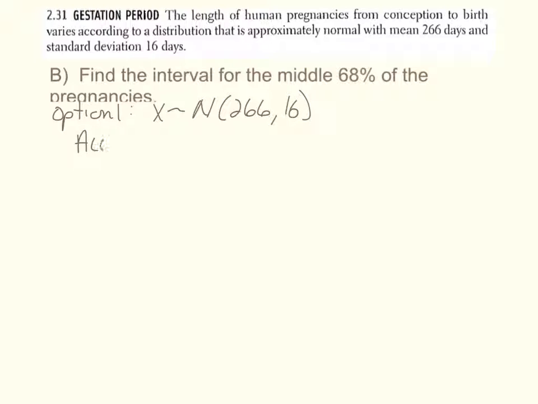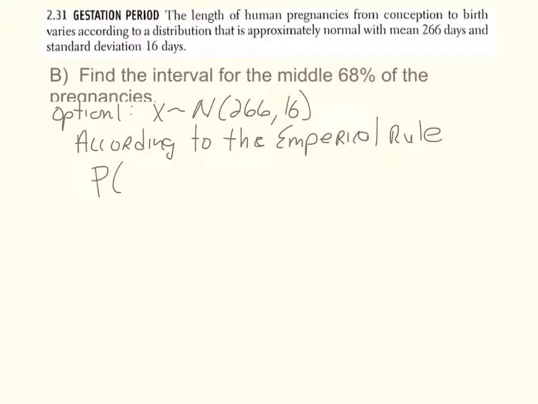But according to the empirical rule, we're looking for the probability of a z-score between one standard deviation below and one standard deviation above, which is equal to the probability of X, the number of days of pregnancy, being between 250 and 282.